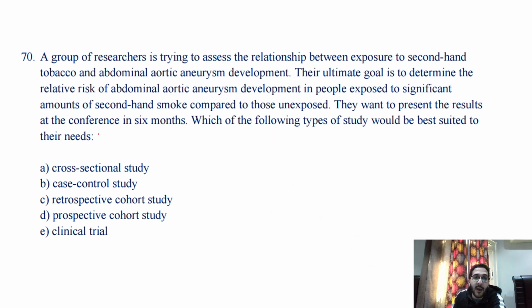Second thing: a group of researchers is trying to assess the relationship between exposure to secondhand tobacco and the development of abdominal aortic aneurysm. So you're starting with the exposure to secondhand tobacco smoke. Of course, smoking is the risk factor here, and the development of abdominal aortic aneurysm is the disease.